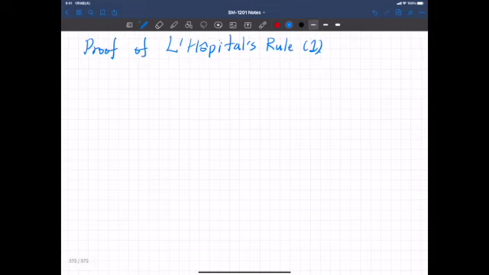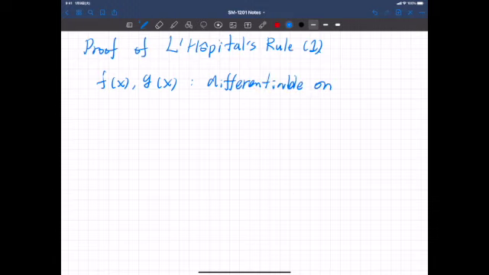So let's first review the conditions on which this rule applies. We have two functions, f of x and g of x, which are differentiable on the open interval a, b. And we have a few conditions.